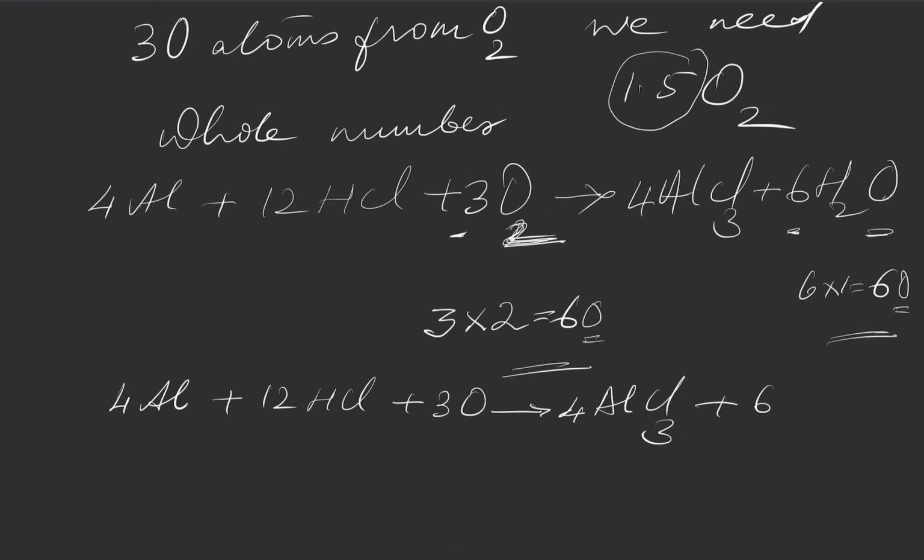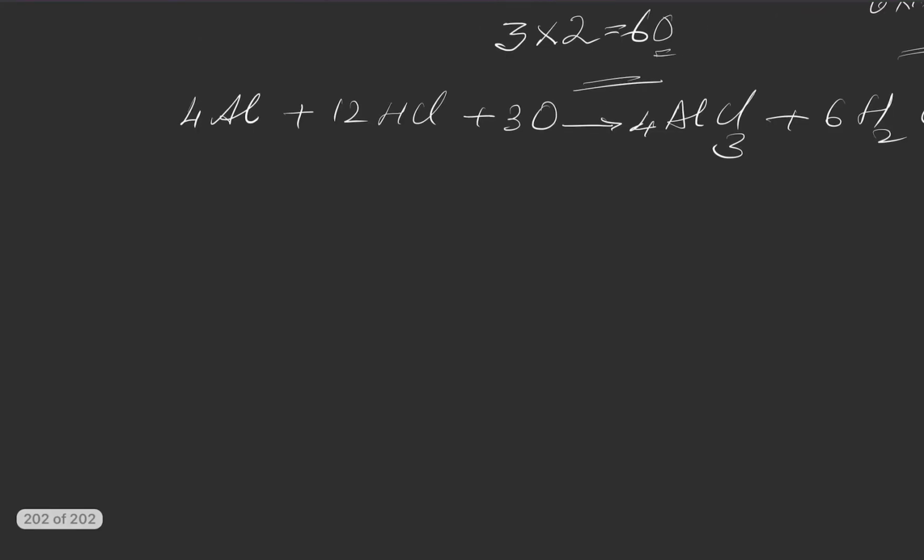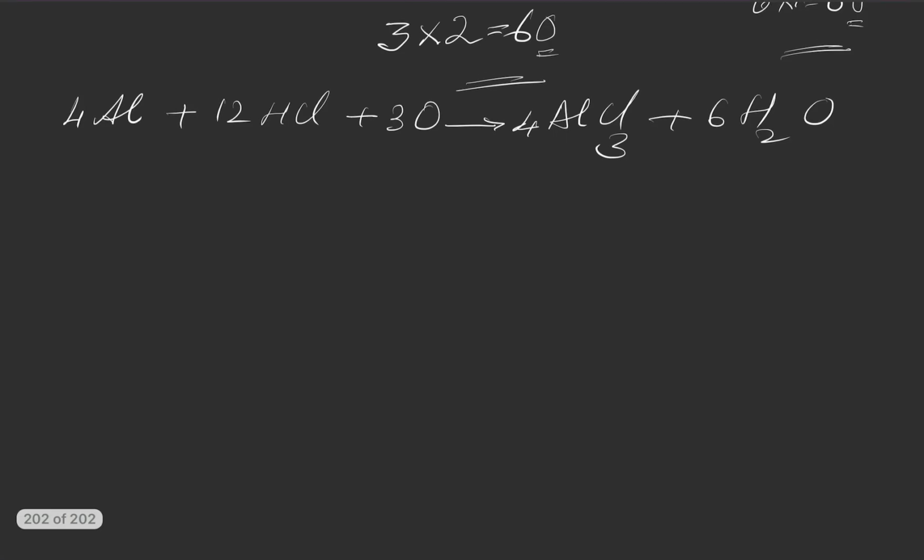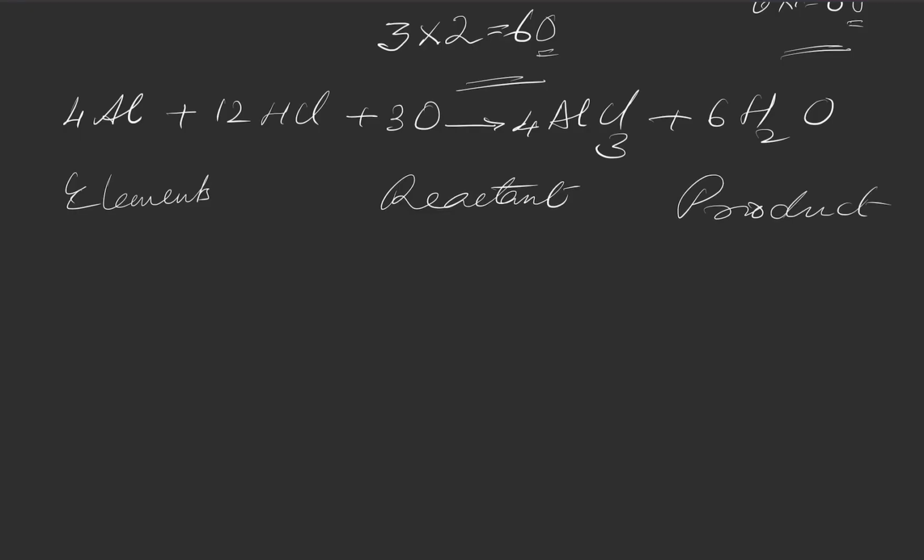4AlCl3 plus 6H2O. Let us do a final check with the elements, reactant and product. What are the elements? Aluminium, hydrogen, chlorine and oxygen. How many? 4 on the reactant side, 4 on the product side. Done. How many hydrogen? 12 on the reactant side. 6 into 2, 12 on the product side.